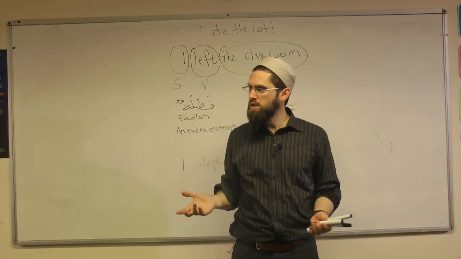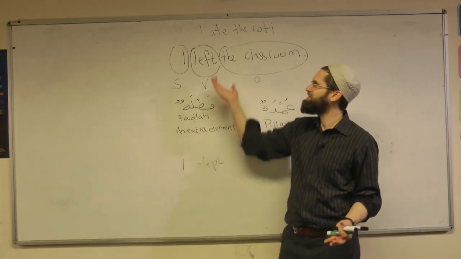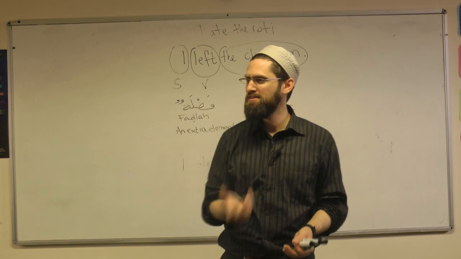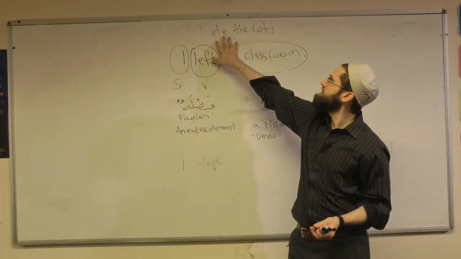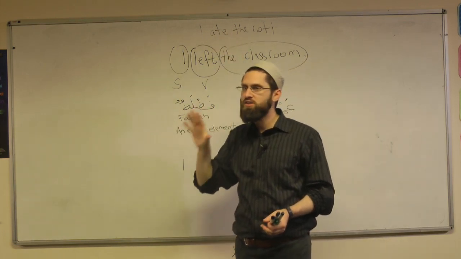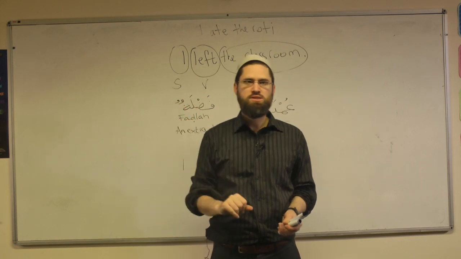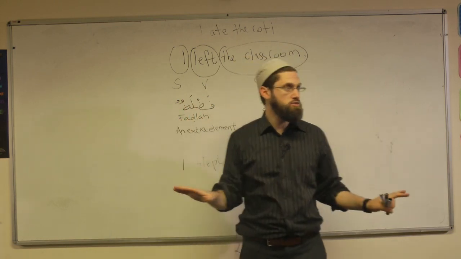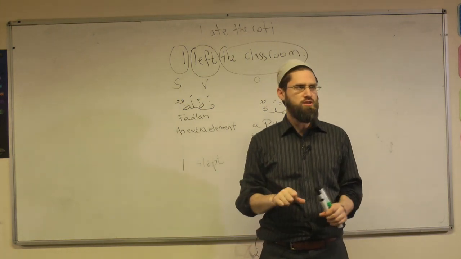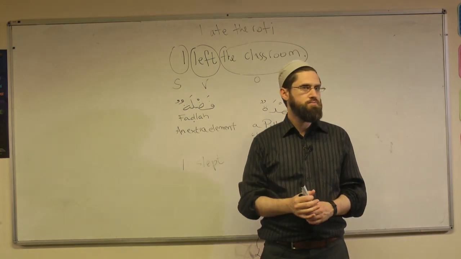It completely changes the meaning. One day the roti might get its revenge on you. All those years of it getting slapped around and eaten might come back. So you appreciate that in English, sentence order is fundamental to convey the meaning. Arabic, not at all. Well, sentence order does have relevance, but it's not necessary for the meaning. And that's what we're going to appreciate. We're going to see examples of that in a bit.